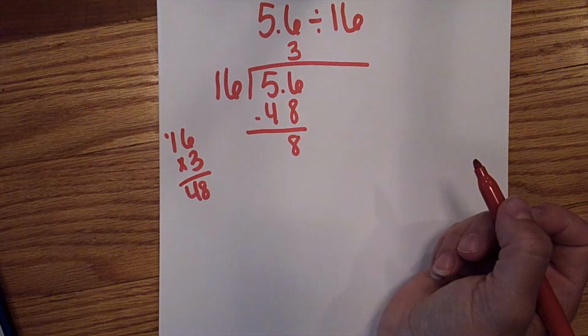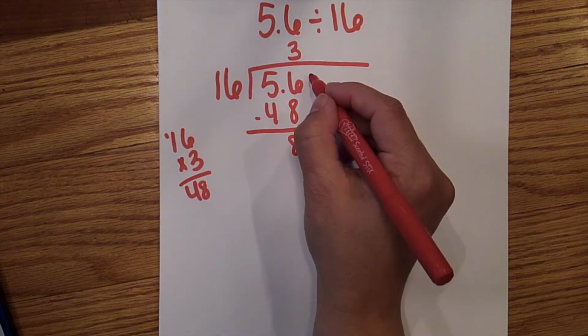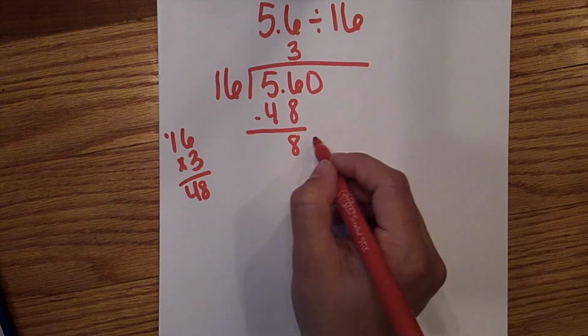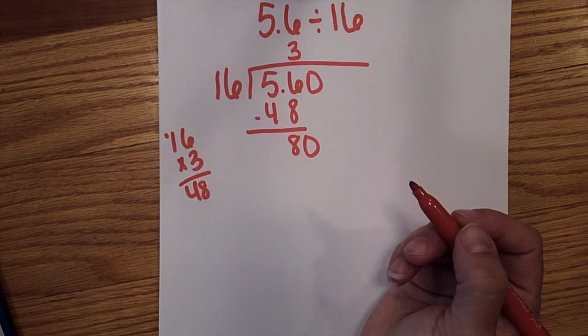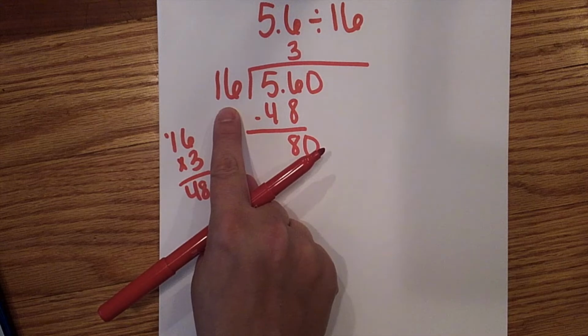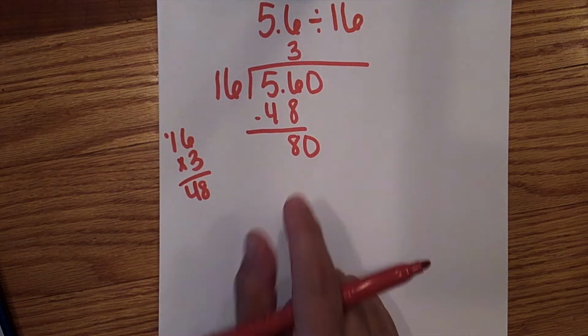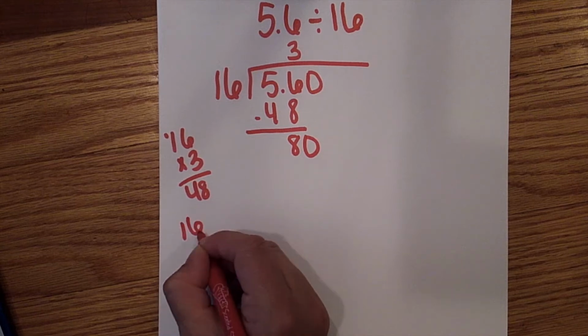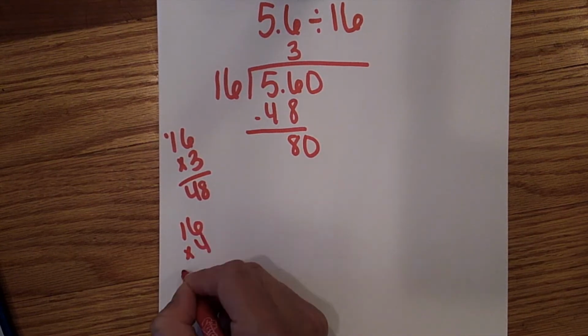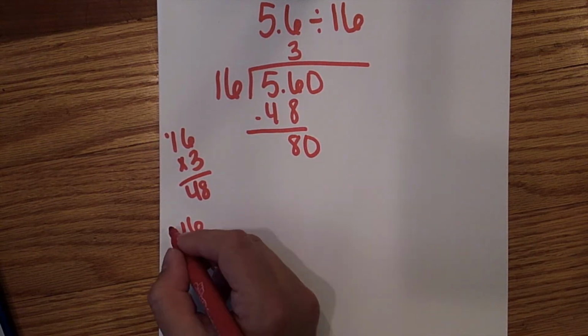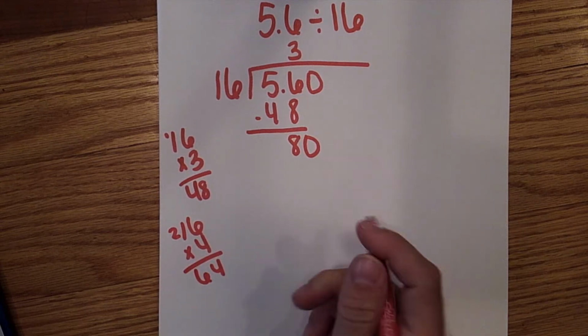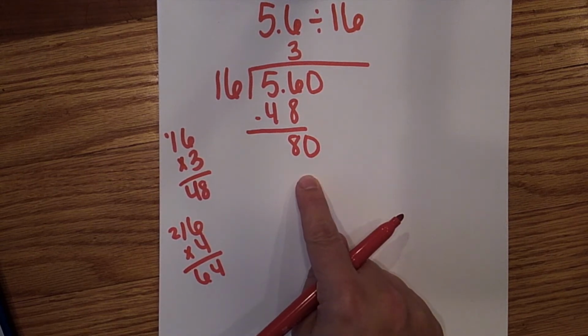All right, I'm stuck with a remainder, but I know that when I have decimals, I can just put a 0 in hopes to not have a remainder anymore. Well, how many times does 16, which is about 20, go into 8? 2, 4, 6, 8, about 4 times. So let's do 16 times 4 off to the side. That's 64. Not really close.